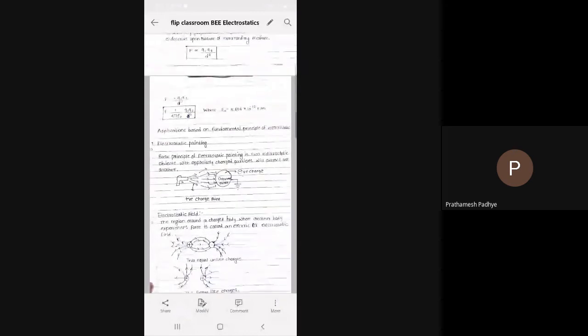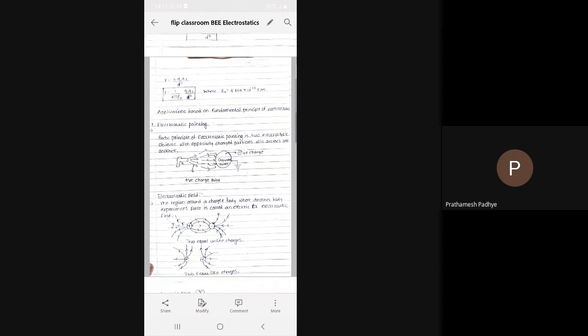So F is equal to K into Q1 into Q2 by D square, where K is a proportionality constant. So F is equal to 1 by 4 pi epsilon naught, Q1 Q2 by D square. The value of epsilon naught is calculated experimentally as 8.854 into 10 power minus 12 farad per meter.